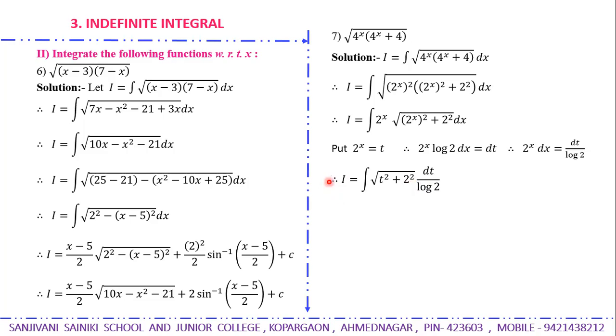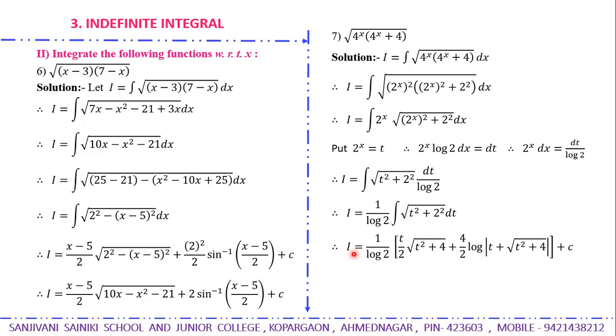Therefore I is equal to the integration of root of t square plus 2 square, dt upon log 2. Therefore I is equal to 1 upon log of 2 times the integration of root of t square plus a square. So 1 upon log 2 times t by 2 root t square plus 4, plus 4 by 2 log of modulus of t plus root t square plus 4, plus c.